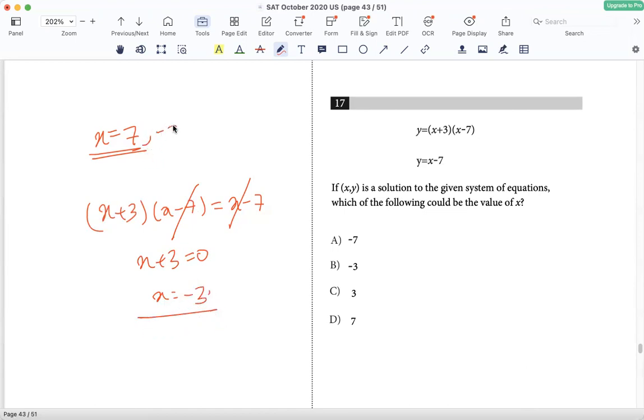So x can be 7 or -3. Which of the following could be the value of x? Wait, it can be 7 as well as -3, right? Oh no, this has to be 1, sorry. When I cancel out, it has to be 1. So x is -2, not -3, -2. So 7, yeah.